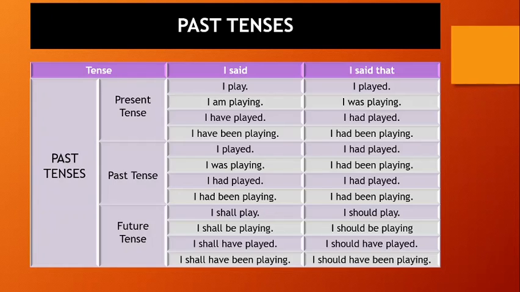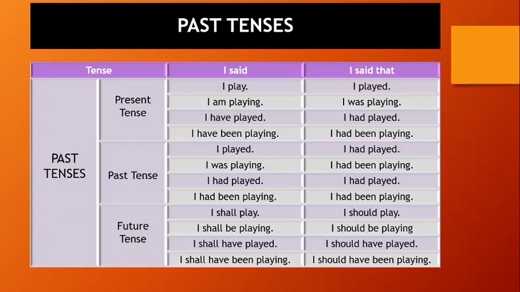As I said, the exception: only two exceptions are there. I played, in past tense, becomes I had played. Remember the formula? SP becomes PP. Simple past, played, becomes past perfect, had played. I was playing, PC, past continuous, becomes I had been playing, PPC, past perfect continuous.